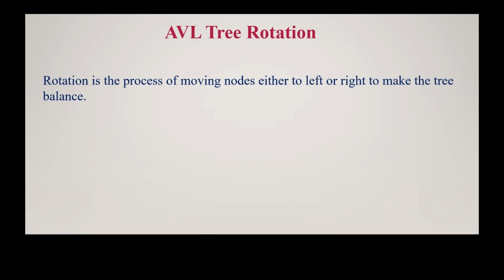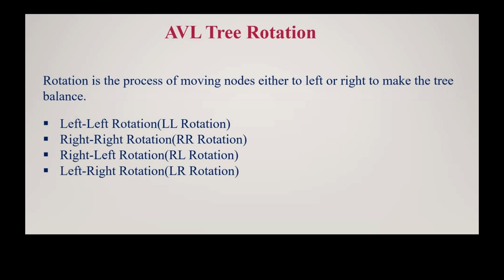To make the tree balanced means all the nodes have a balancing factor of -1, 0, or +1. In an AVL tree, there are four types of rotation possible: left to left rotation, right to right rotation, right to left, and left to right. We'll cover them one by one.